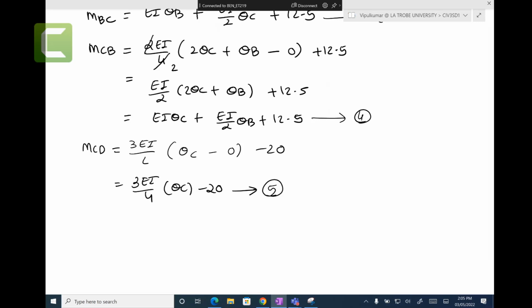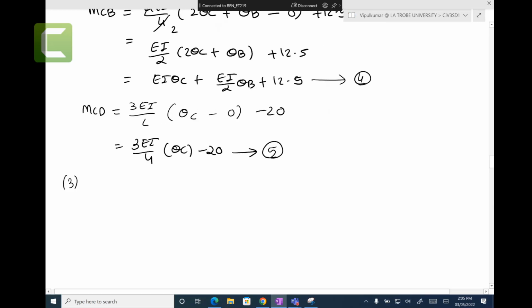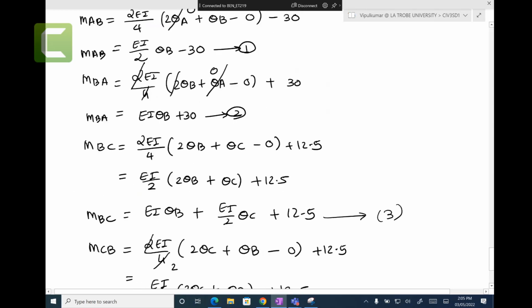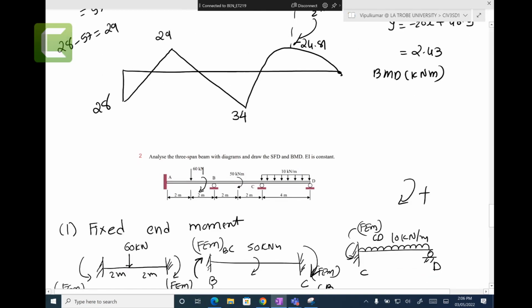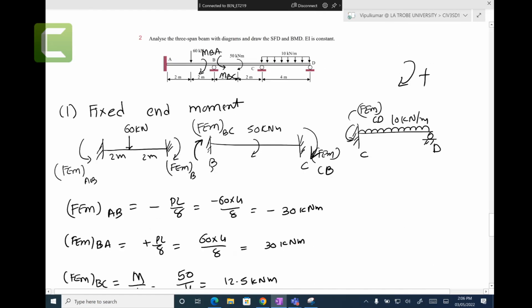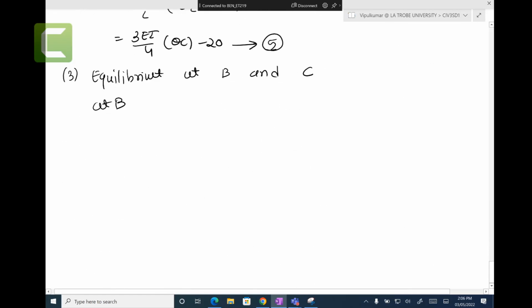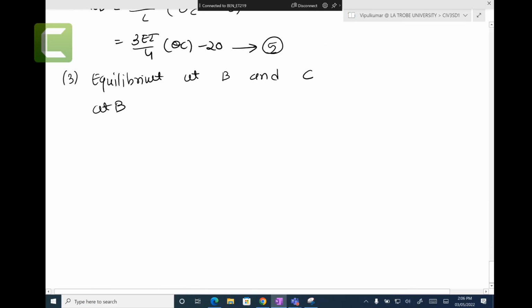Now we have the equilibrium at B and C. At B we have the moments MBA and MBC. MBA plus MBC equals 0.